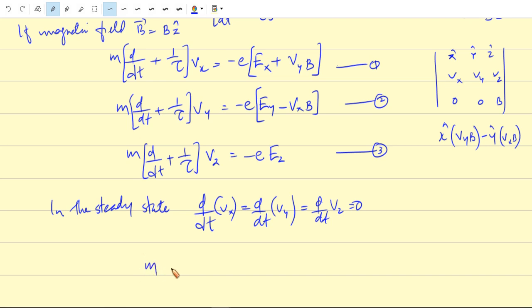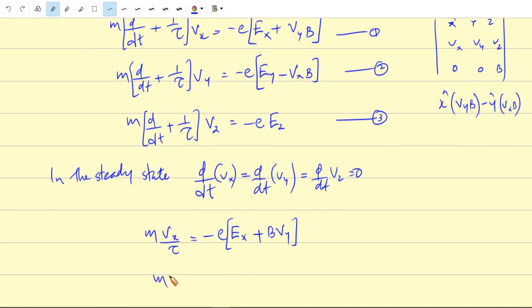m Vx divided by tau is equal to minus e times (Ex plus B Vy). Okay.